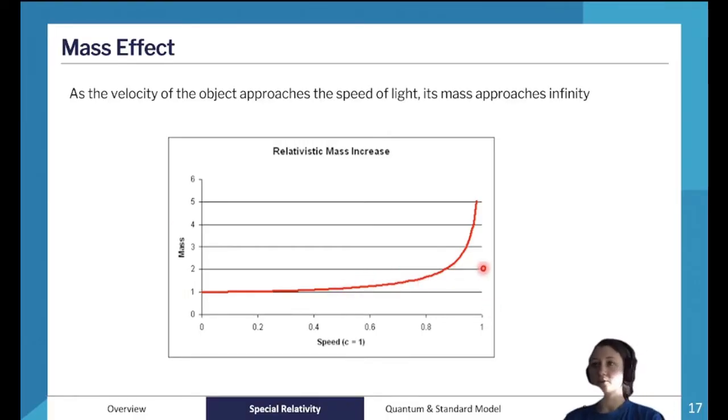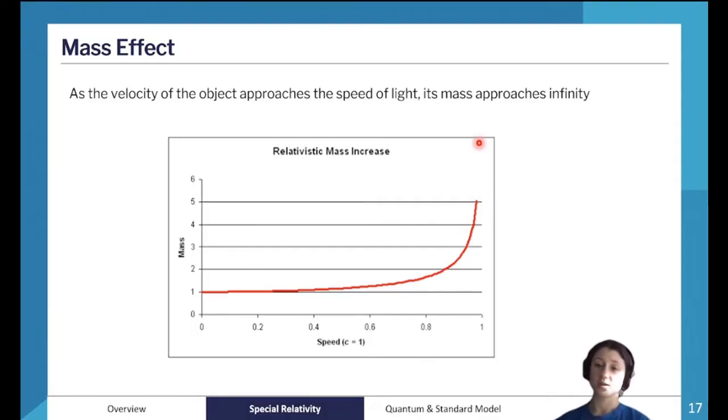The point where, as you can see, where we're getting to C, this line C here, the mass is almost getting vertical. So it's approaching infinity. So as you might be able to see, this is why objects with mass can actually never achieve the speed of light. And that's because the closer and closer they get to the speed of light, the more and more mass they have. Alright?